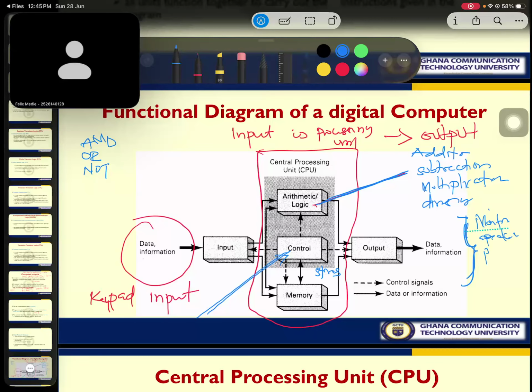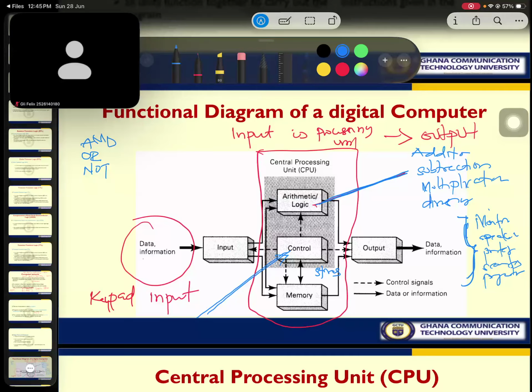Projector. Good. All these are output devices. So the output unit represents the output of the information that has been transmitted.